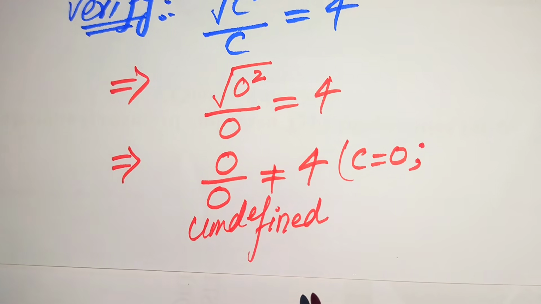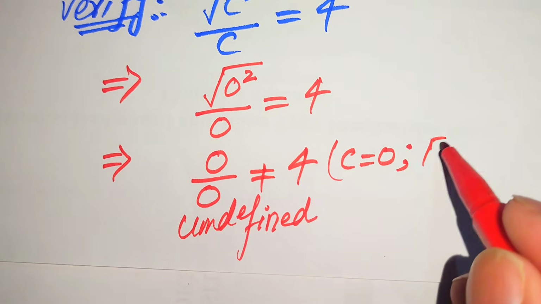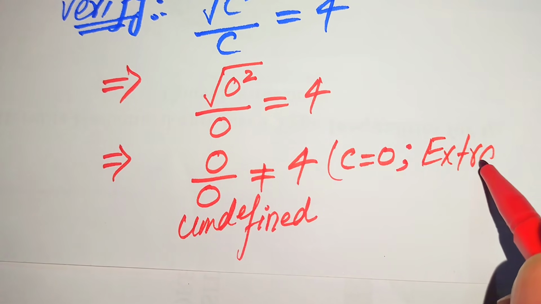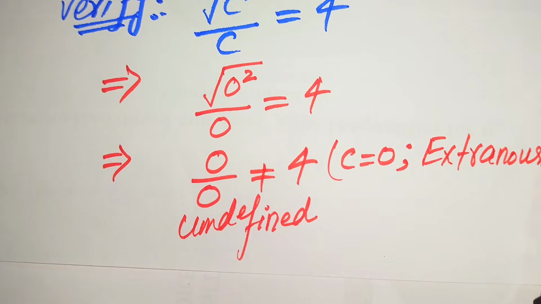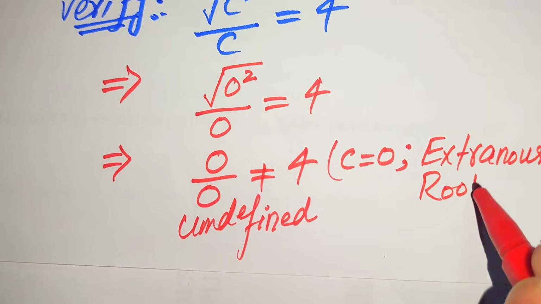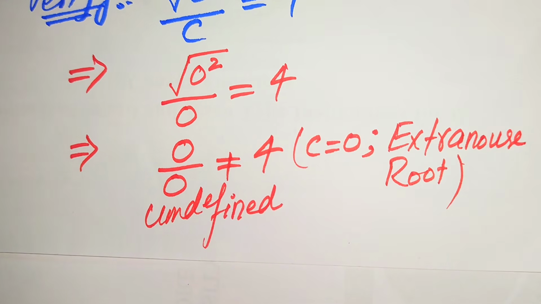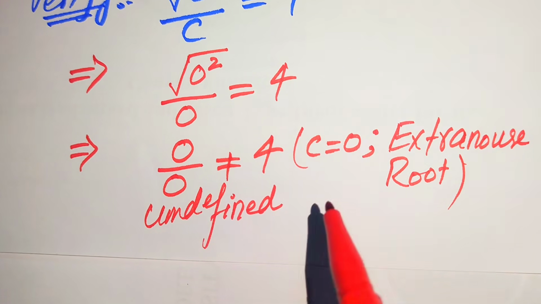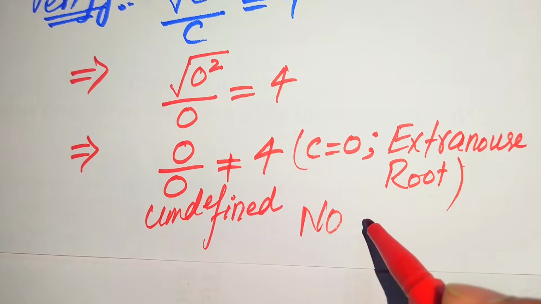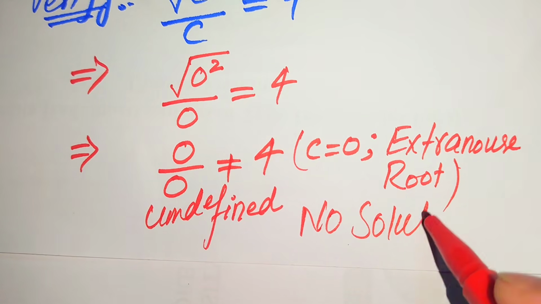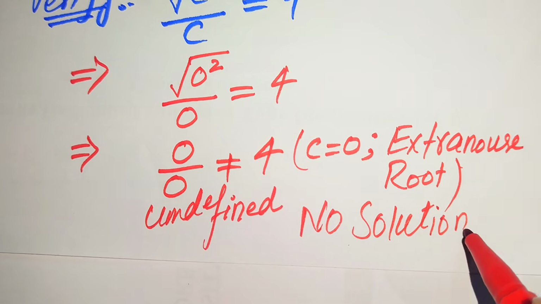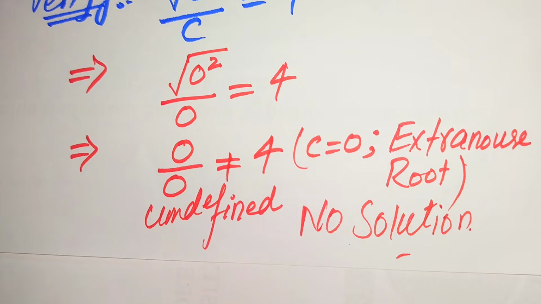So we call c equal to 0 the extraneous root of the given equation. This is the extraneous root because it does not satisfy our given question statement. Further, you see we cannot get any other value of c which satisfies our given question statement. So this concludes that this question has no solution in general, which we get from the first method.